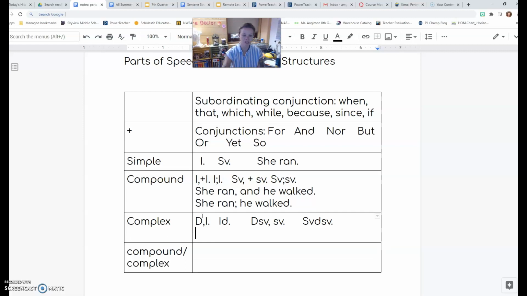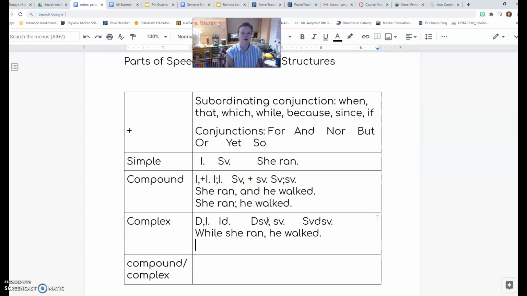Now, what that looks like in actual language would be, let's do, while she ran, comma, he walked, or she ran while he walked. The while is the subordinating conjunction. The D makes it a dependent clause. We just use the word D to show that that is the word that makes it dependent.